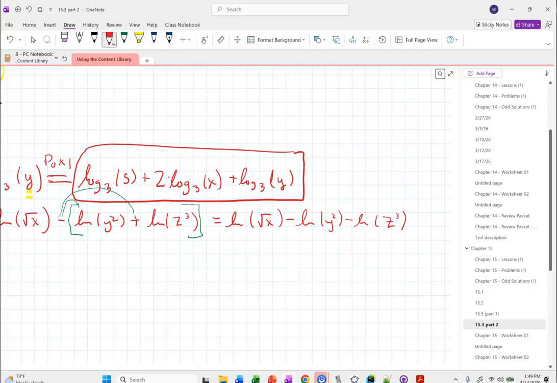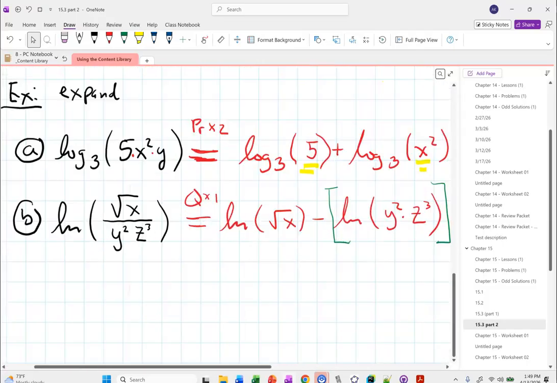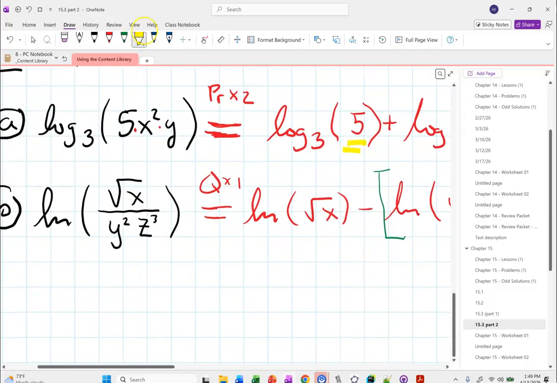Now, the easier way to think about it is, see how we have a product in the denominator? Anytime I have that, I'm going to have minuses instead of pluses in my product. That's all I'm going to remember. Okay?